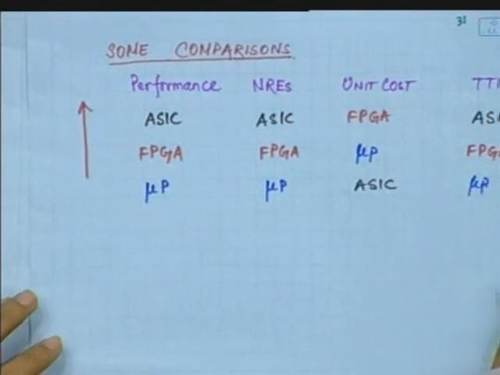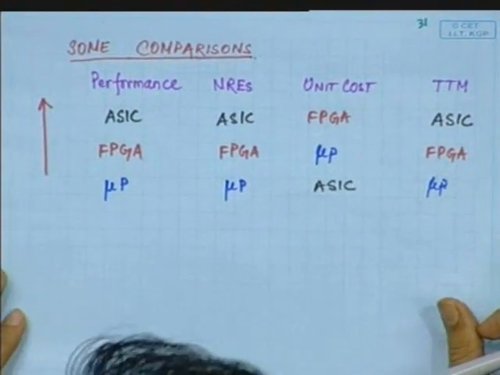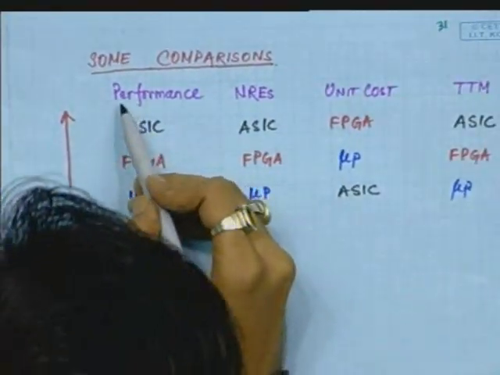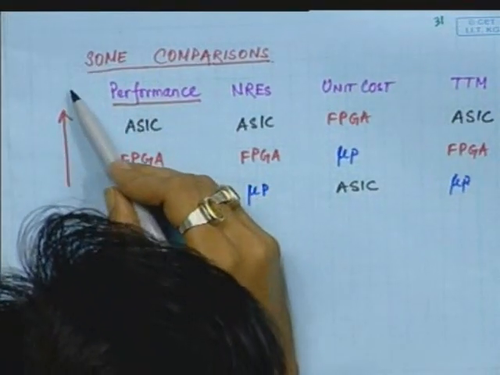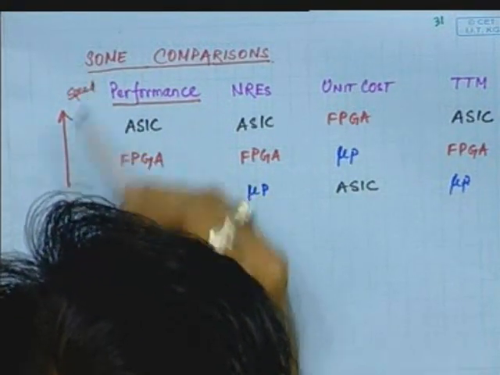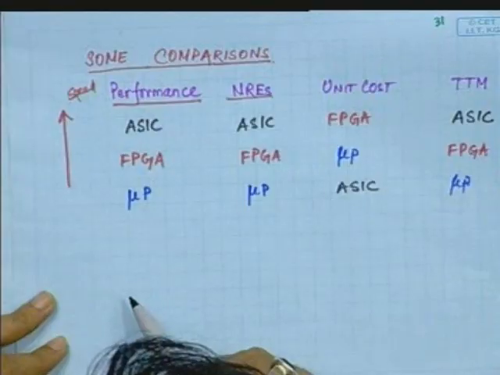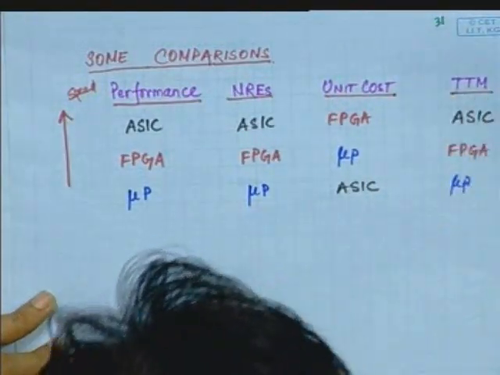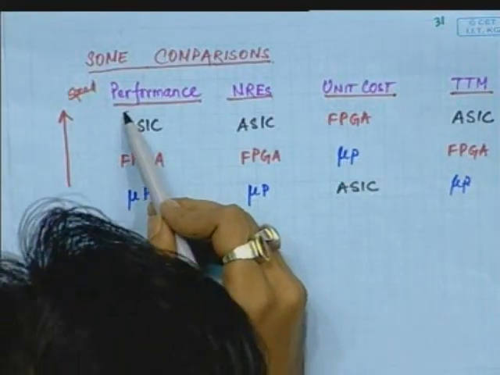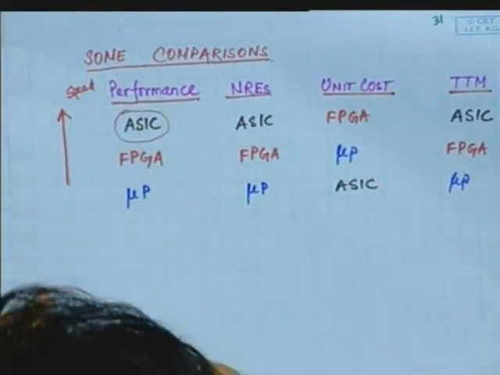Right. Now coming to the last slide, there are some comparisons. We will compare the performance, meaning speed, the NRE cost, the unit cost, and the time to market. Now we know that ASIC has the maximum speed.